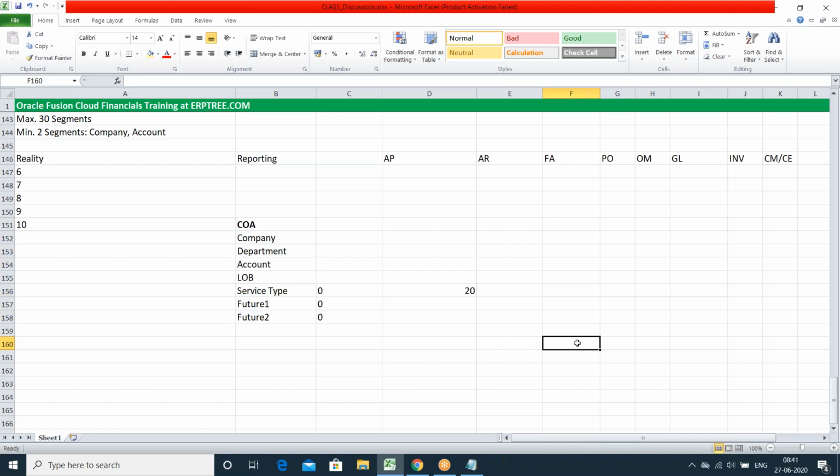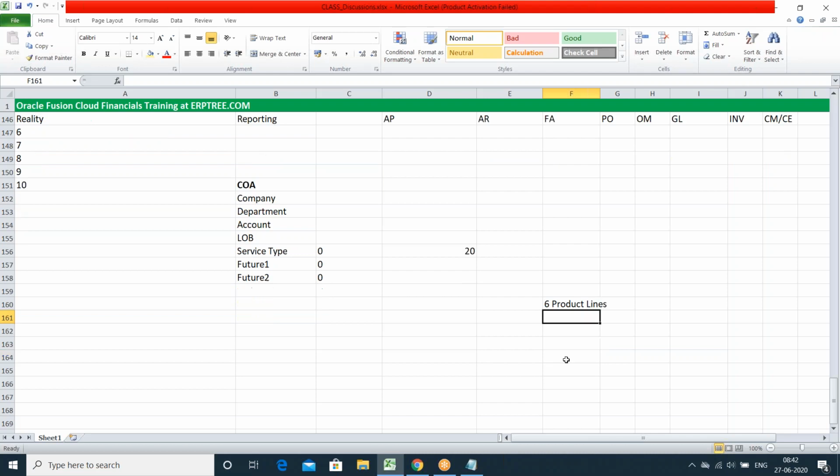As per your business, you have 6 product lines, and from each product line you may produce 100 or 1000 different products. You have a reporting requirement: how much you are spending for each product line and how much revenue you are generating at the product line level.